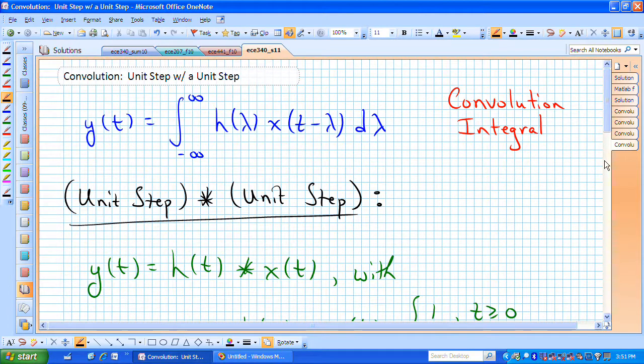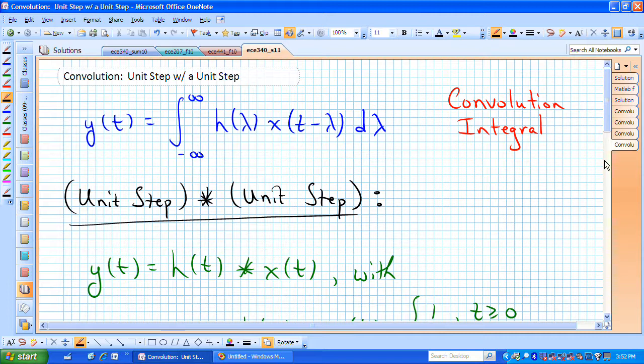We have our two waveforms. Typically, h of lambda might represent an impulse response of a system, and x is the input to that system, where x is a general input. But in this case, we're going to apply two specific waveforms for those h's and x's.